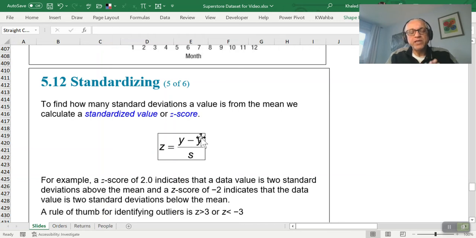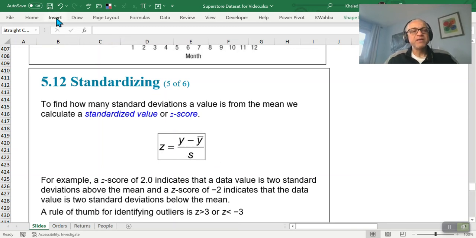The best way is to standardize the data, and the best way to standardize data is to use what we call the z-score. It's a very simple calculation: take the value of your data and see how far this value is from the average, in terms of how many standard deviations.